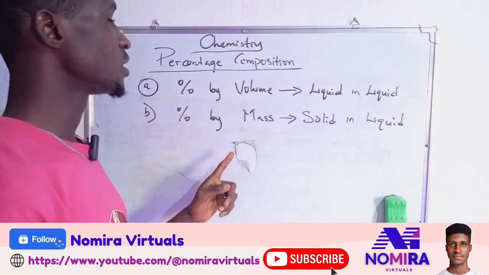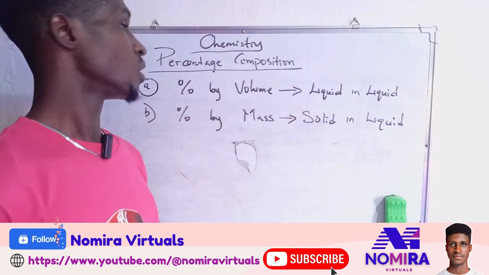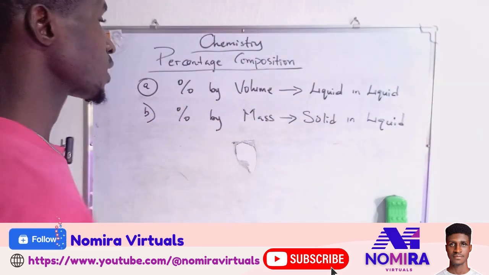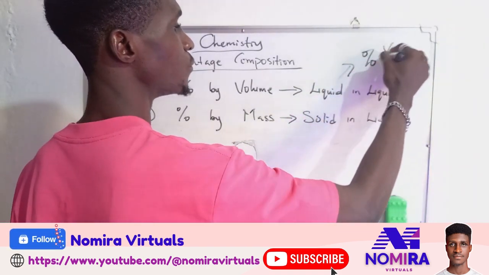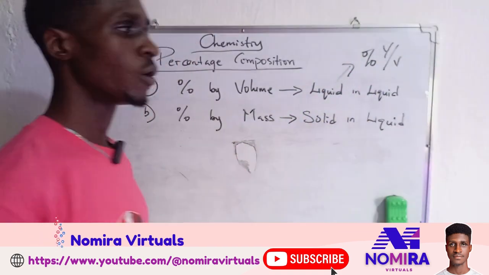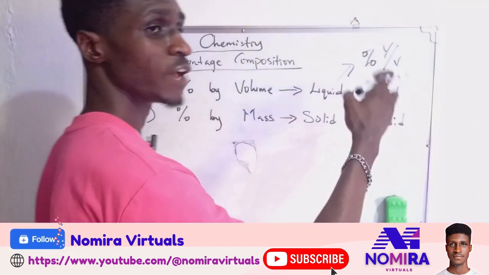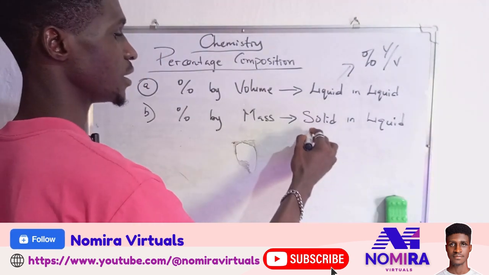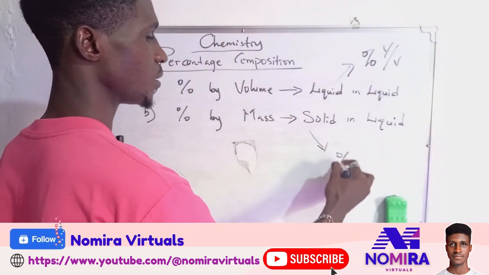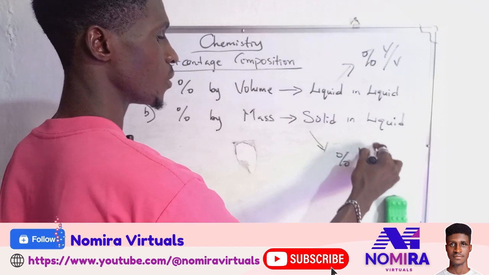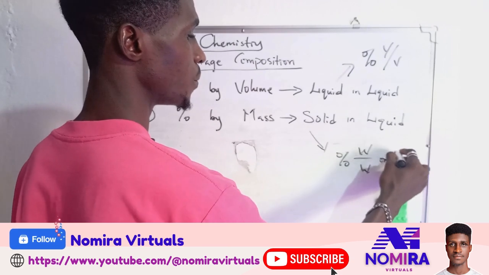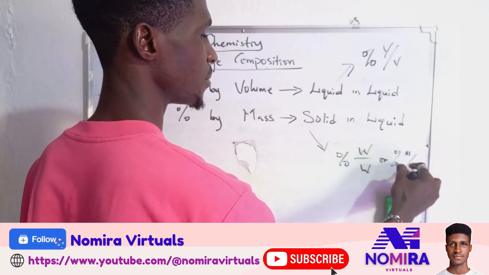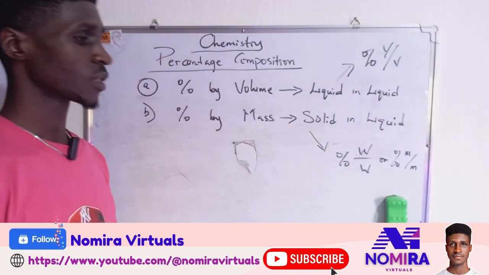Now the unit is the same. However, for volume, the unit is percentage volume by volume, or percentage volume per volume. And here, the unit is percentage weight by weight, or percentage mass per mass.